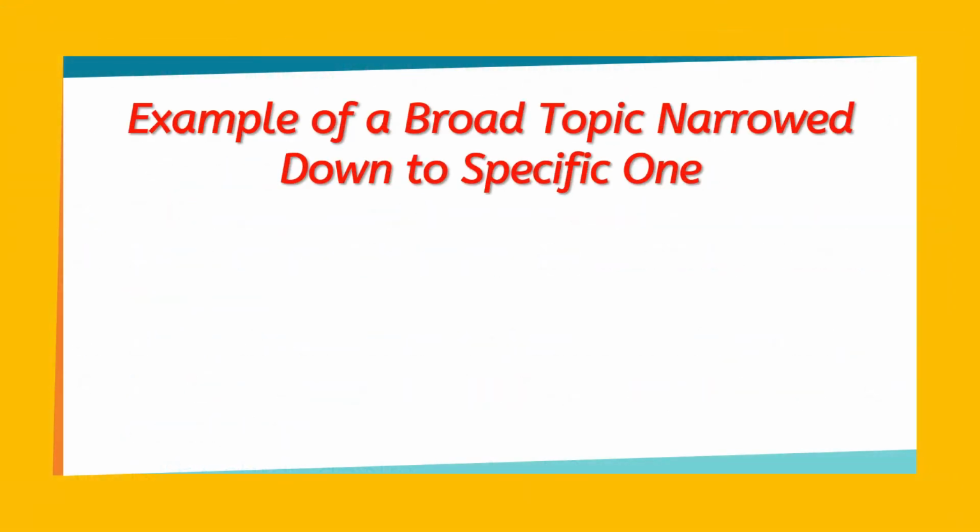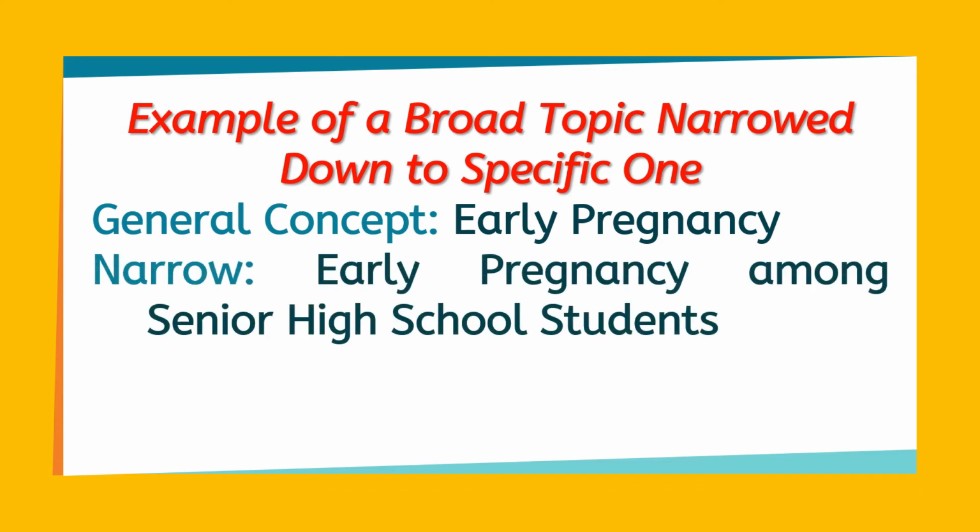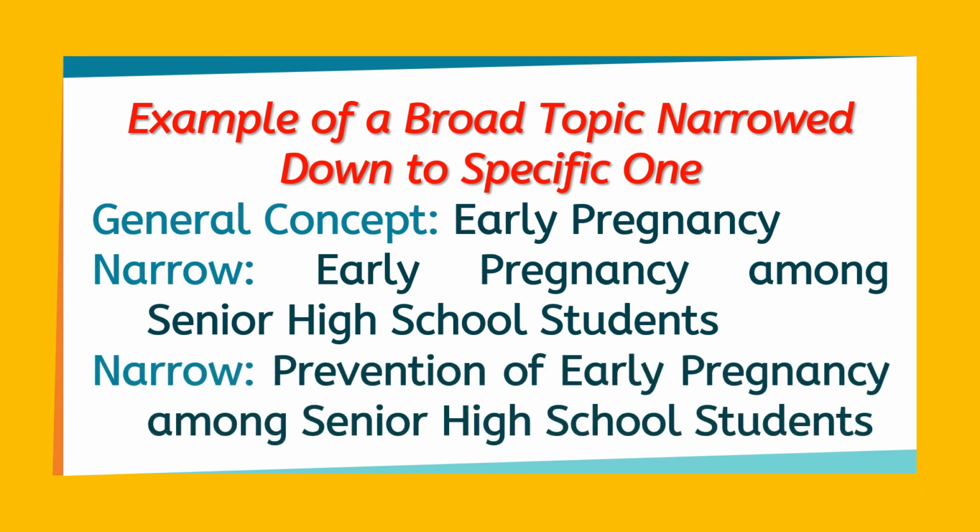The following is an example of a broad topic which could be narrowed down to a specific one. For instance, if the general concept is all about early pregnancy, it can be narrowed down as follows. It can be all about early pregnancy among senior high school students, or it can be all about prevention of early pregnancy among senior high school students.